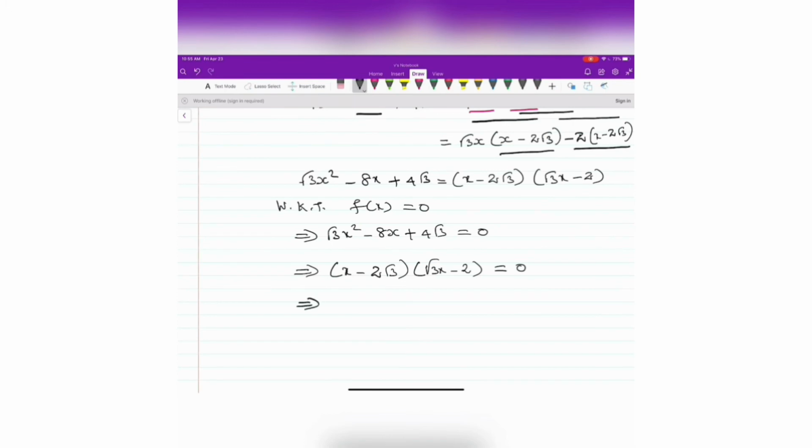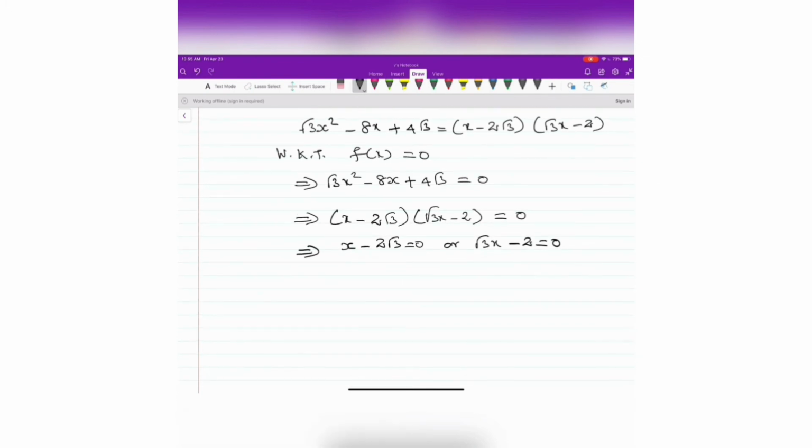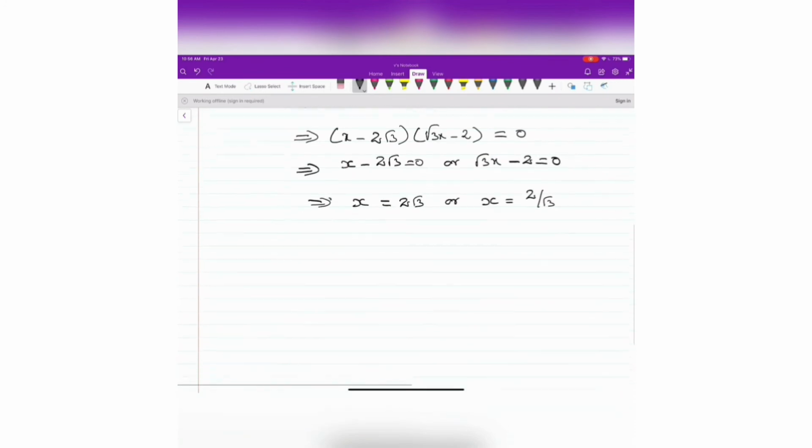This implies x minus 2 root 3 equal to 0 or root 3x minus 2 equal to 0. This will give the value of x as 2 root 3 or x is equal to 2 by root 3. So we got the zeros of the given polynomial.